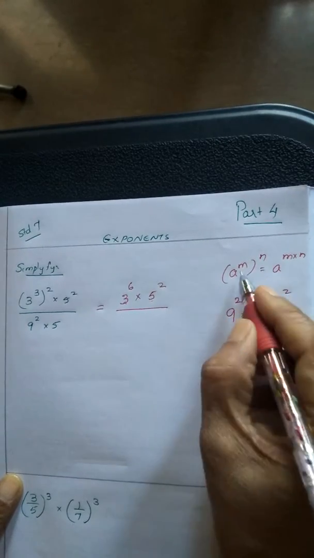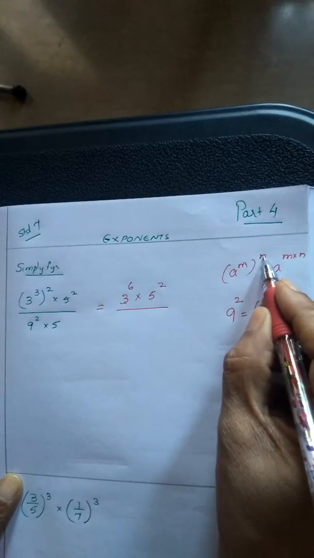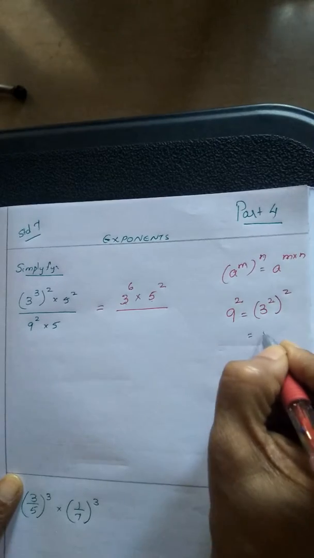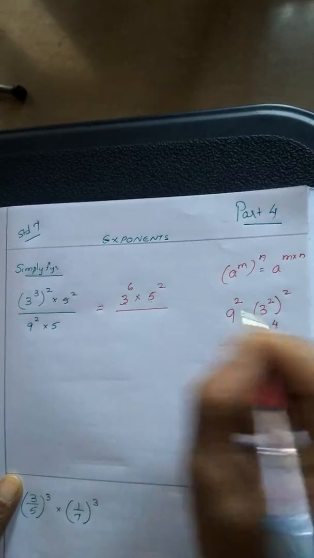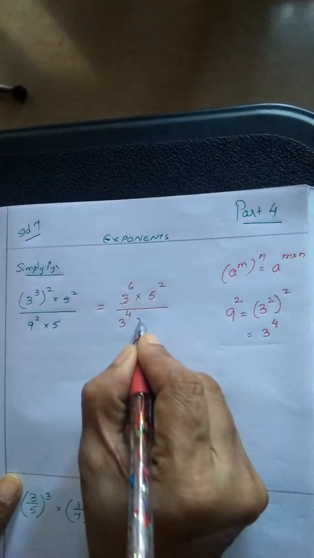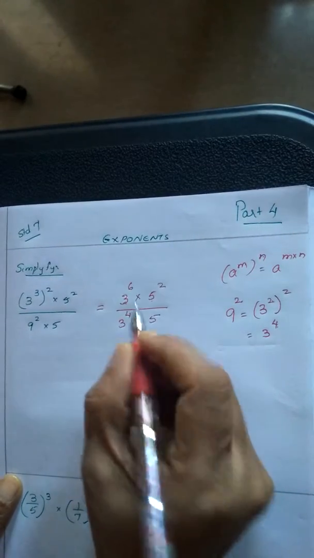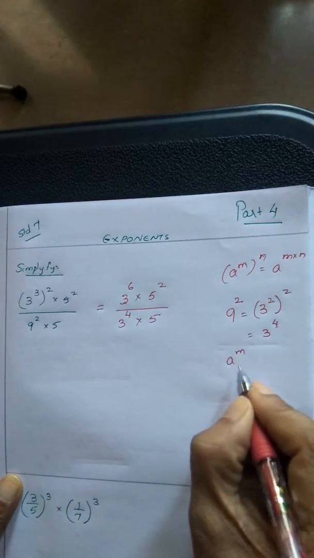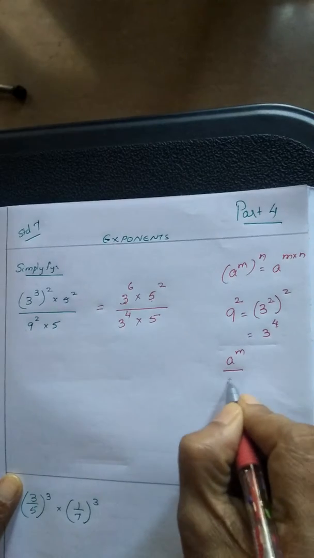This will become again (a to the power of m) whole to the power of n, a to the power of m into n. So you can write this as 3 to the power of 4 into 5. Now we will use this: a to the power of m by a to the power of n.